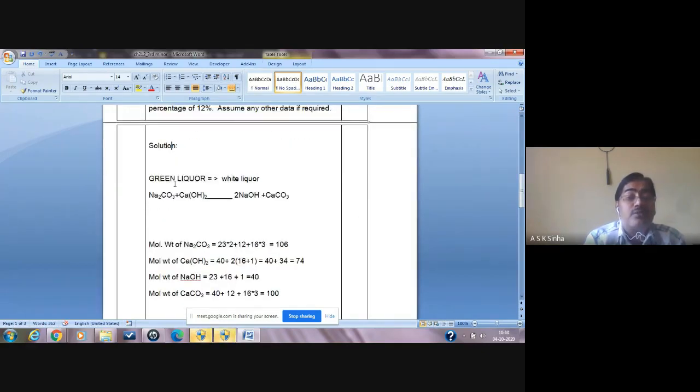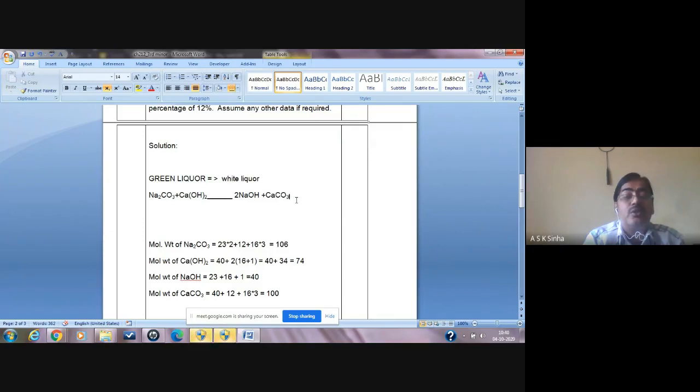The first step is green liquor to white liquor, given in the form of the reaction. Sodium carbonate, which is the main constituent in the green liquor, reacts with calcium hydroxide, giving 2 molecules of sodium hydroxide and calcium carbonate. The calcium carbonate is the byproduct, or you can say it is unwanted material.